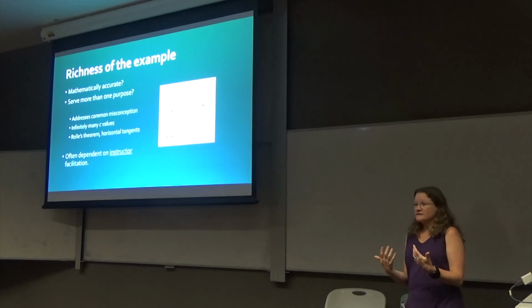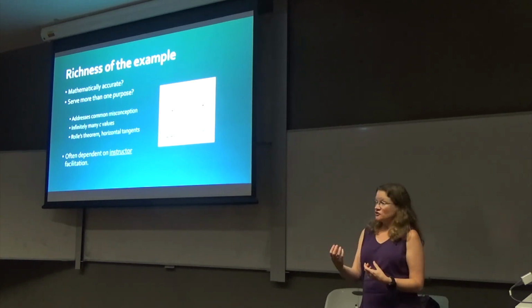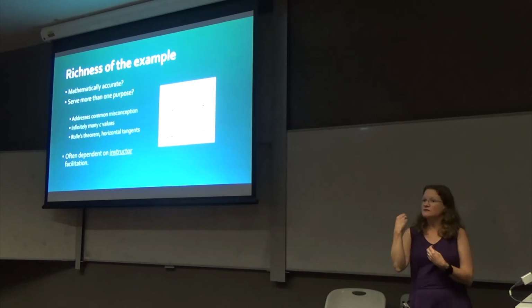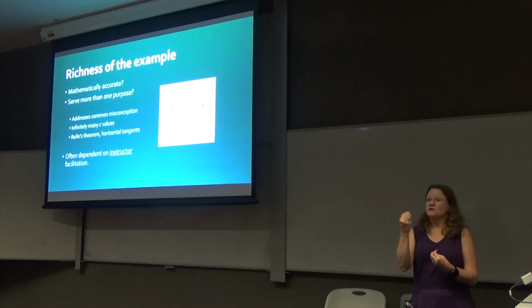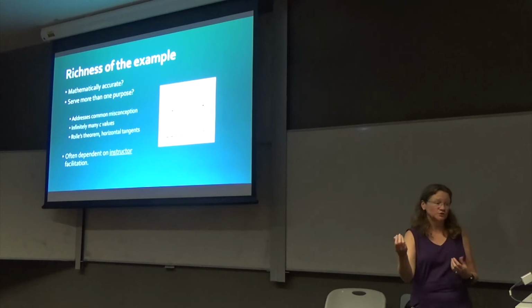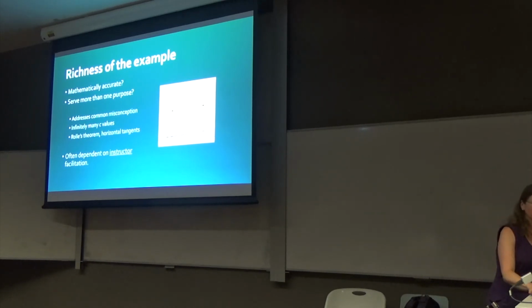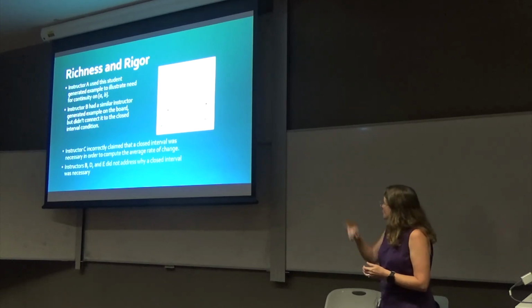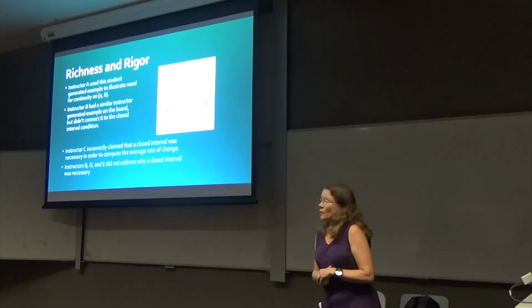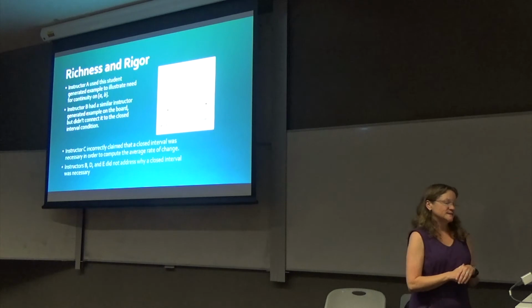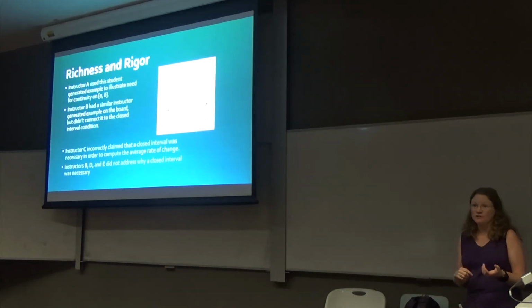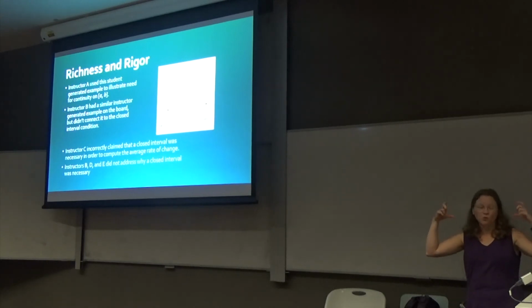And a lot of that discussion is dependent on the instructor facilitating those discussions. You have to be able to ask the students questions to get them to think about, or making sure that they do talk about some of these ideas. And then the rigor. So this example, one of the students came up with, was the touch point for why continuity is important, and that those closed endpoints on that condition.